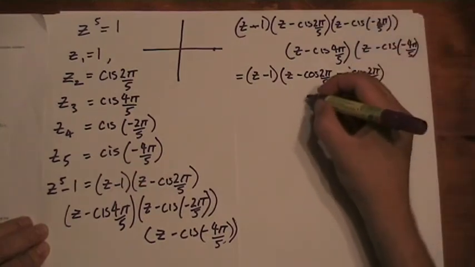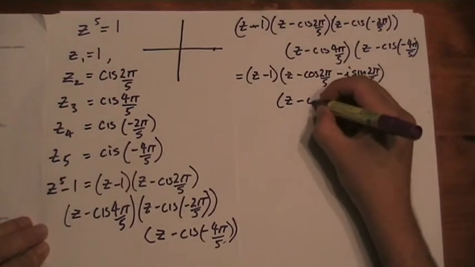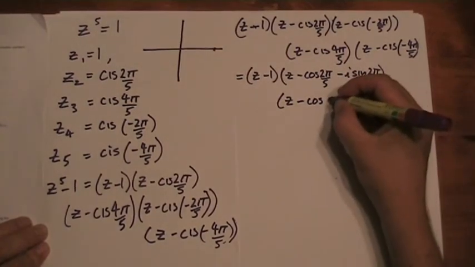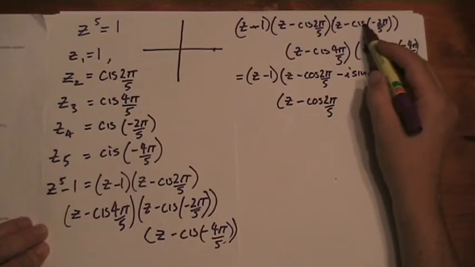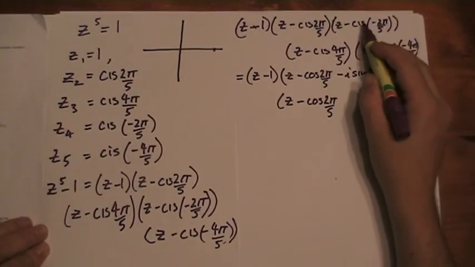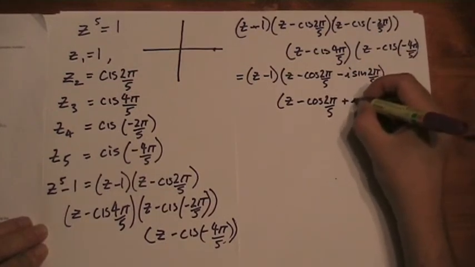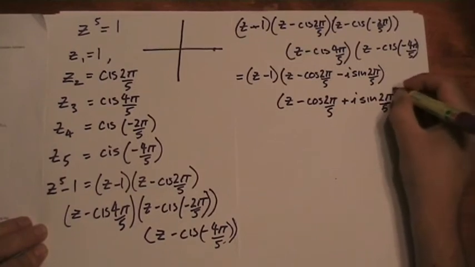And this one is z minus cos of negative 2 pi on 5. We know cos of negative is the same as cos of positive. Sine of negative, however, is negative the sine of the positive value, so that makes it plus i sin 2 pi on 5.